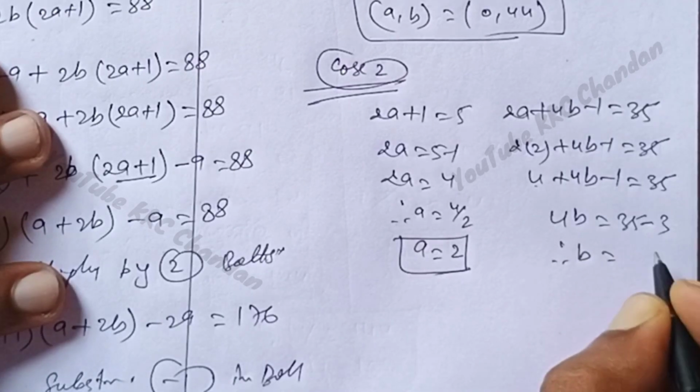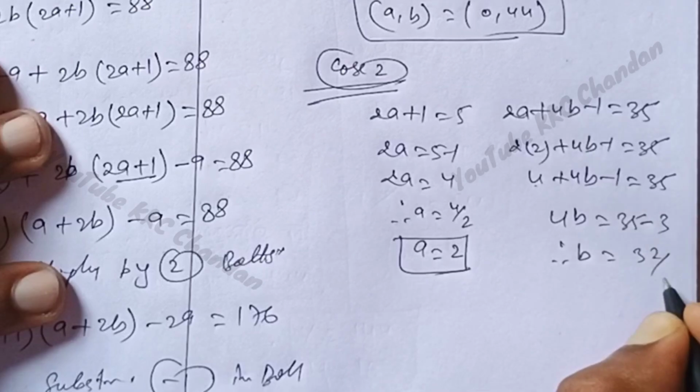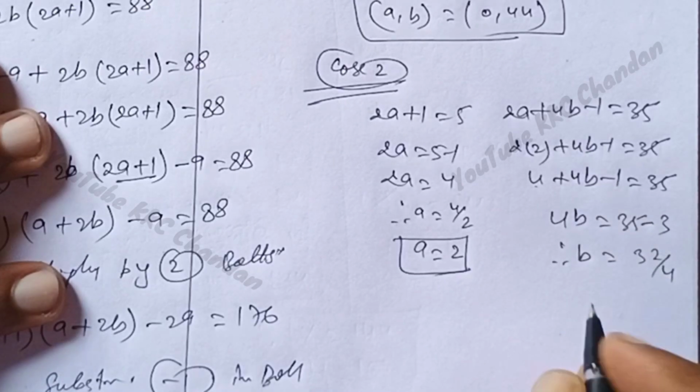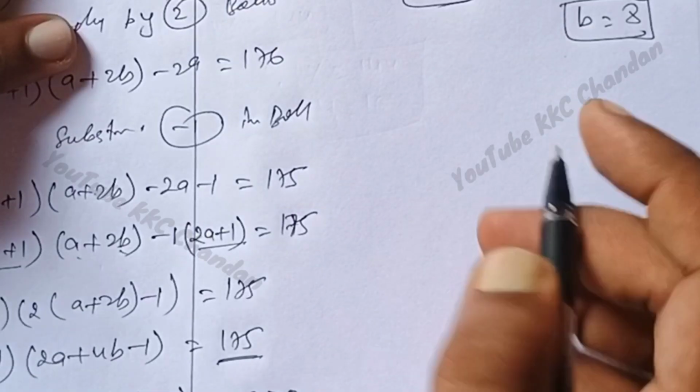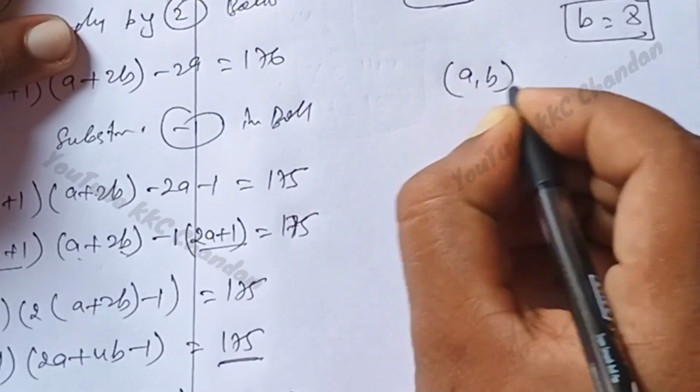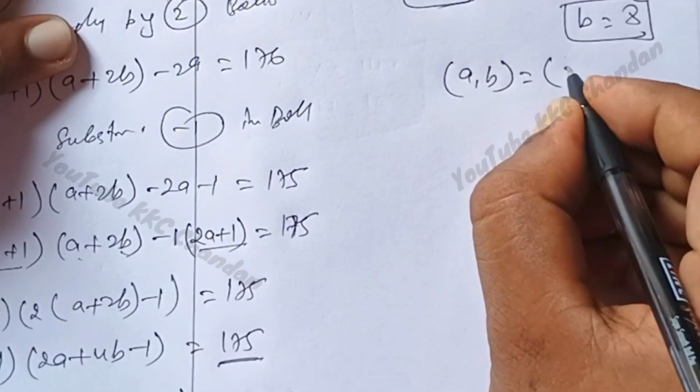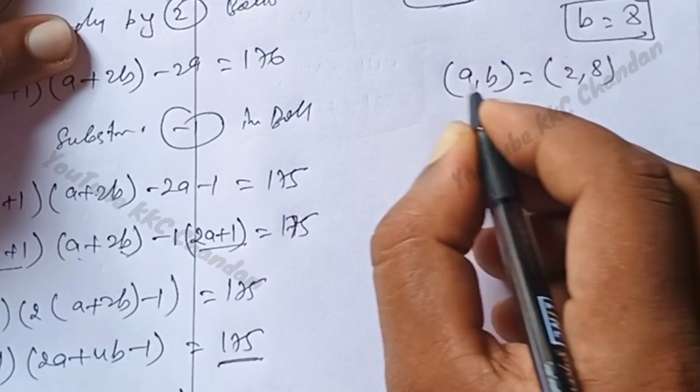Therefore b is equal to 32 divided by 4, b is equal to 8. So a comma b is 2, 8.